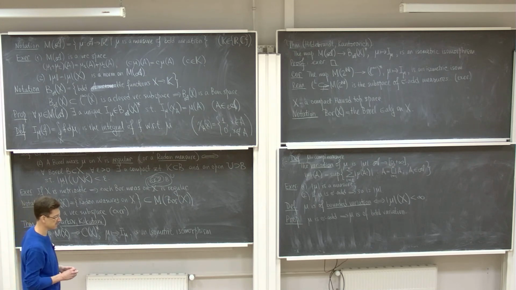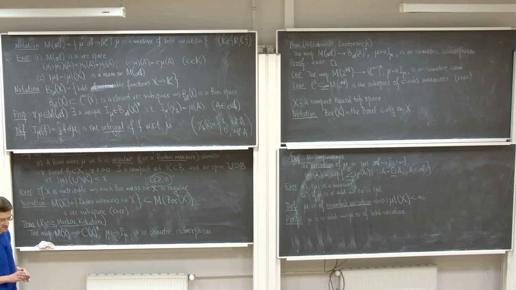In the 1930s, Banach and Saks independently proved this result, assuming that X is a metrizable compact topological space. And the general form of this result is due to Markov and Kakutani. They proved it independently at the end of the 1930s. So the full name for this theorem should be the Riesz-Radon-Banach-Saks-Markov-Kakutani theorem.